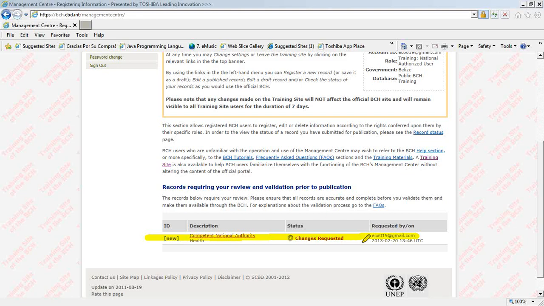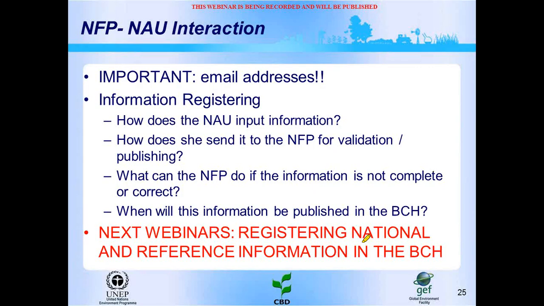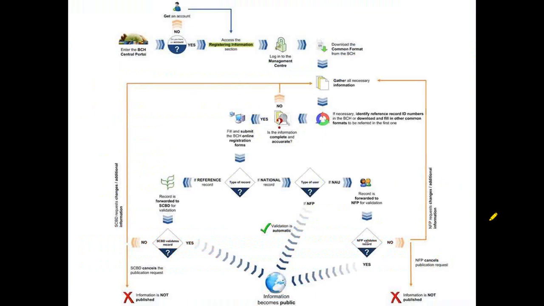Okay. In the next webinars, we will be developing all the specific registering information procedures and this interaction between the focal point and the National Authorized User. In order to review this process, I hope you are seeing this screen rather well.